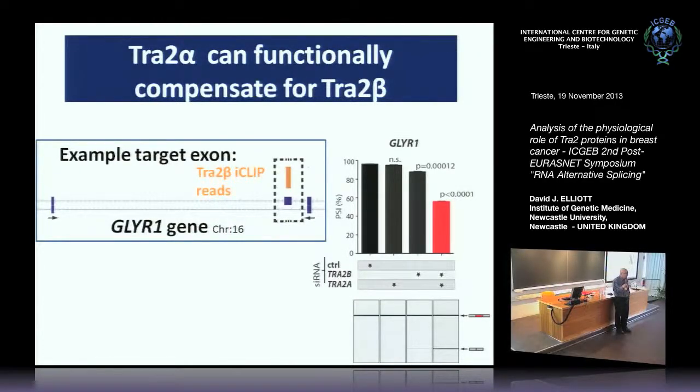And likewise, if you deplete Tra2 alpha, there's very little change in splicing. But a very dramatic thing happens if you deplete both Tra2 alpha and Tra2 beta. So then you get significant skipping of this exon. So this tells us that Tra2 alpha, when it becomes upregulated, is able to functionally compensate as well for Tra2 beta.